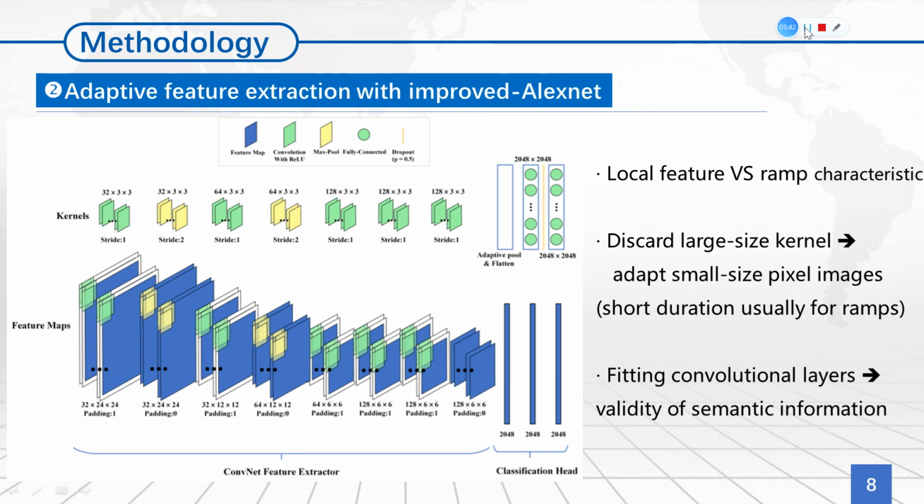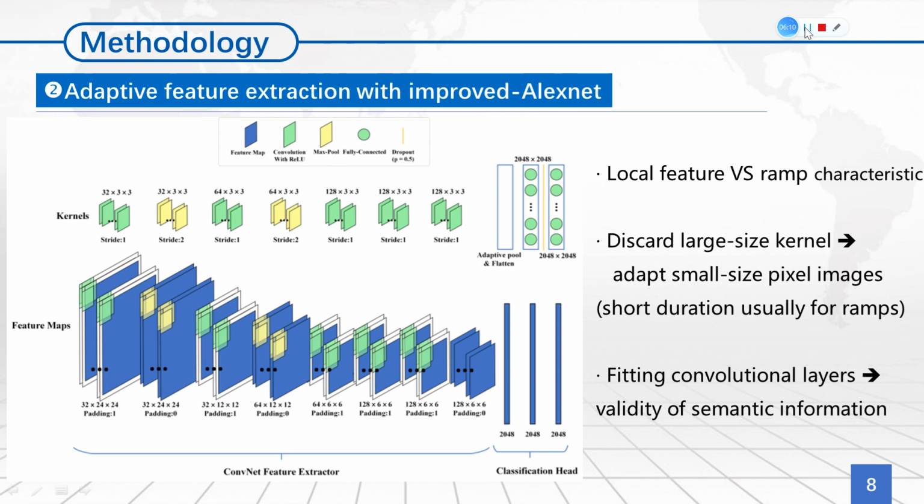Secondly, we introduce a data-driven feature extraction network, which is adapted from LSNet, a classic backbone network. To adapt to small-size image generation, the large-size kernel in the traditional LSNet is discarded, and only three multiple-thread cores are used.